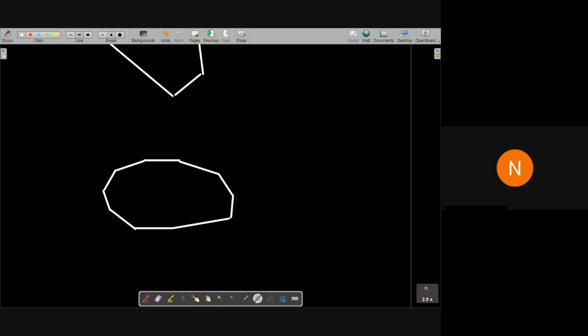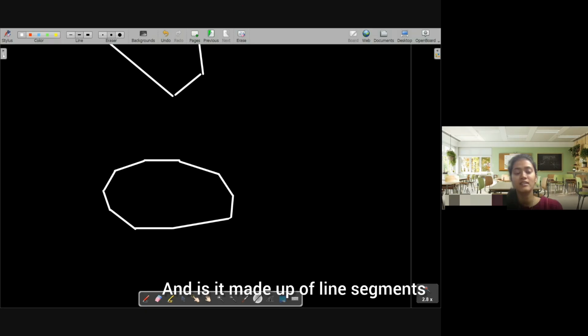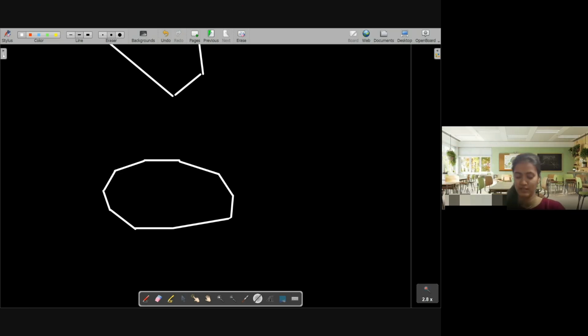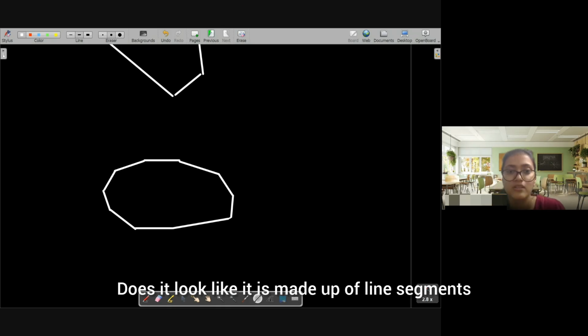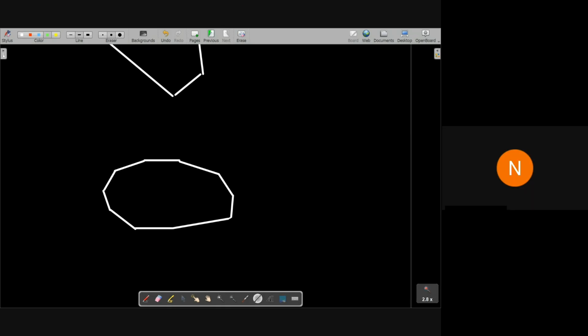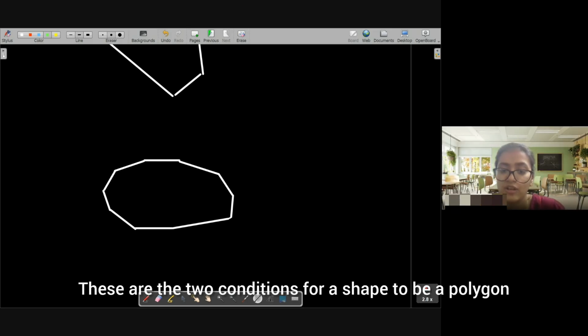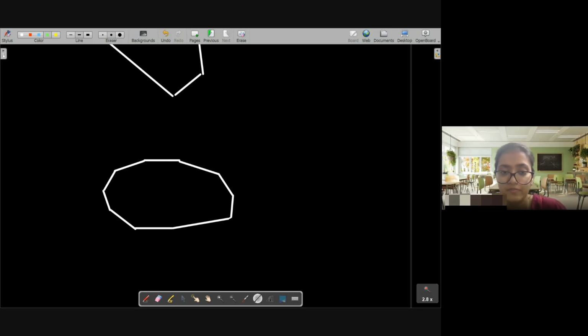Well, it's closed, and is it made up of line segments? Yeah. No. I mean, it kind of does look like it is, but I don't know if you can make triangles out of it. Wait, just tell me one thing. Does it look like it is made up of line segments? Yes. And is it closed? Mm-hmm. So that's it. These are the two conditions for a shape to be a polygon.